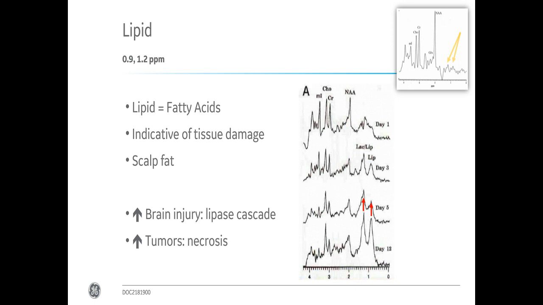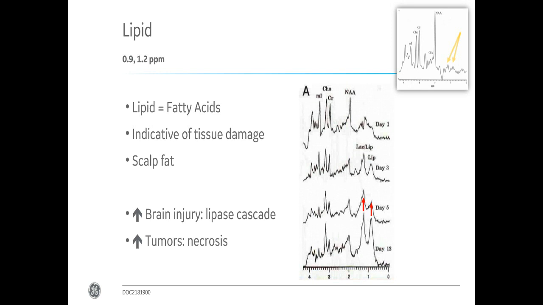So where do we see lipids if they are not usually in the standard spectrum of a healthy control? We do see lipids in a lot of brain injuries. Here is an example of a non-accidental brain injury. The brain progresses through that injury, and the lipase cascade causes the lipids to increase.